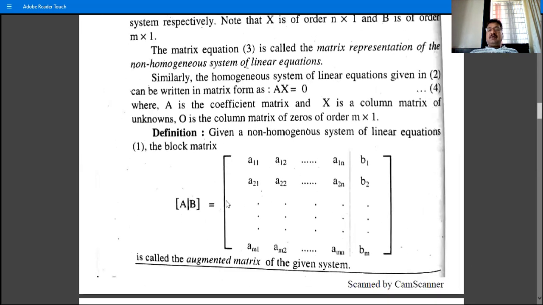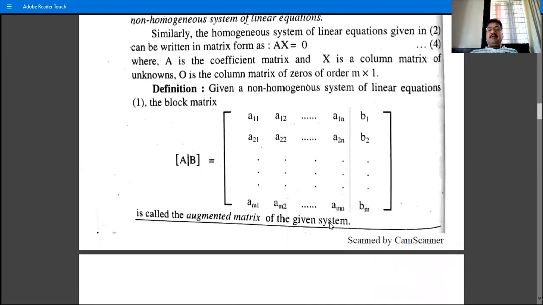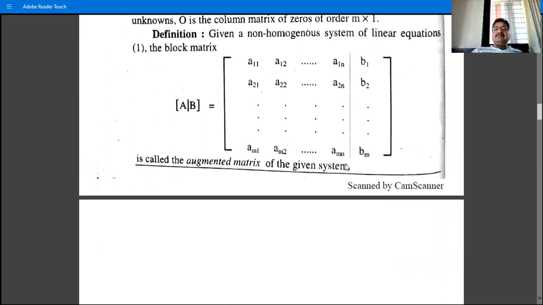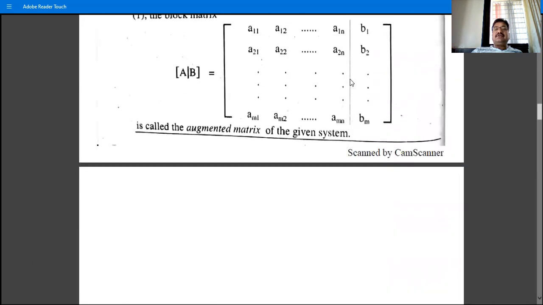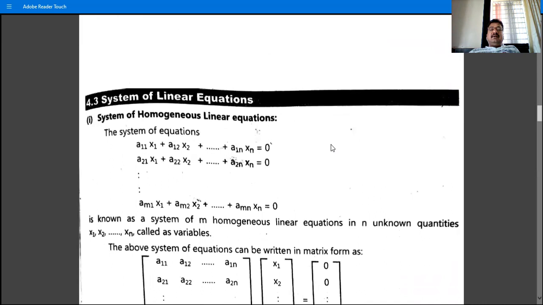This combination of A and B is called the augmented matrix of the given system, and is denoted by A oblique B in square brackets. This is the notation for the augmented matrix: the combination of the matrix of coefficients and the matrix of constants.